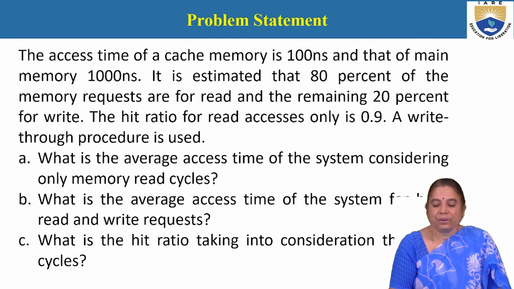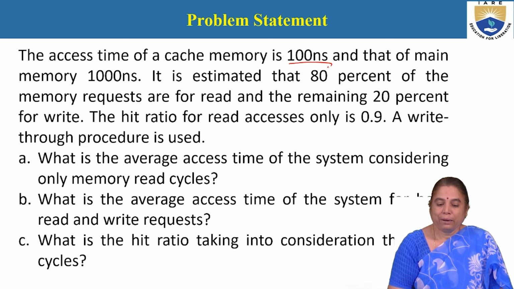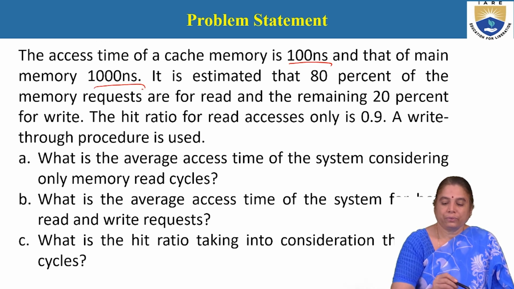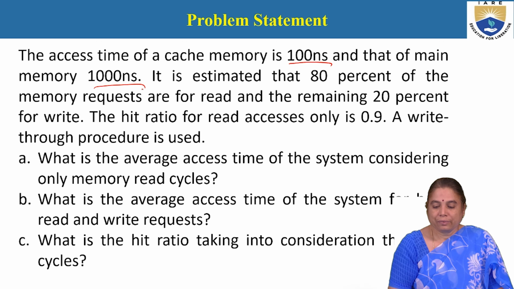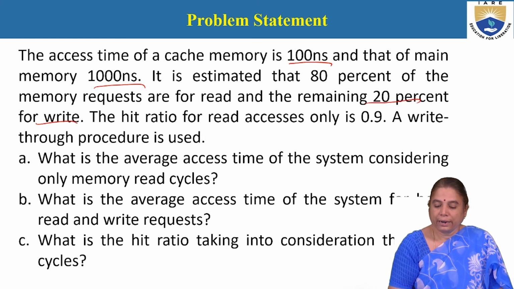Next, the access time of a cache memory is 100 nanoseconds, and that of main memory is 1000 nanoseconds. It is estimated that 80% of the memory requests are for read and the remaining 20% are for write. The hit ratio for read access only is 0.9.